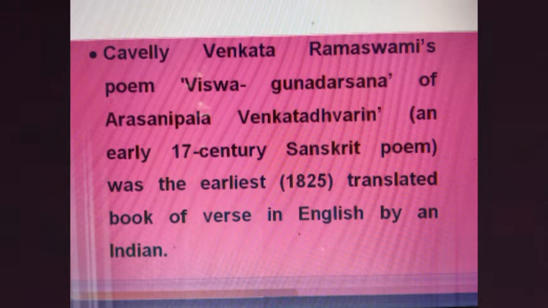This work was the earliest translated book of verse in English by an Indian writer. So the first poetry collection translated into English was Kavalli Venkata Ramaswamy's poem Vishwaguna Darshana.